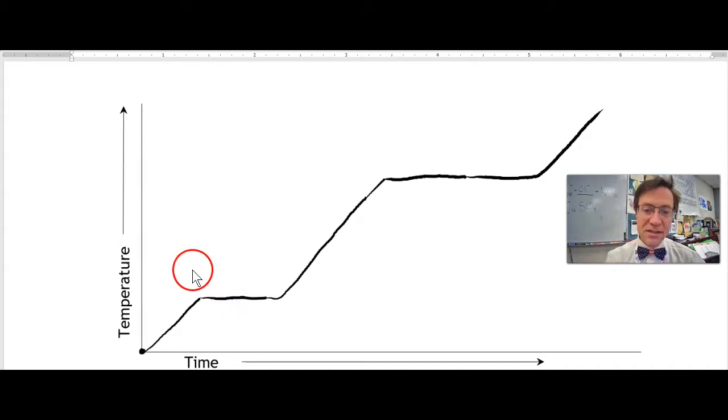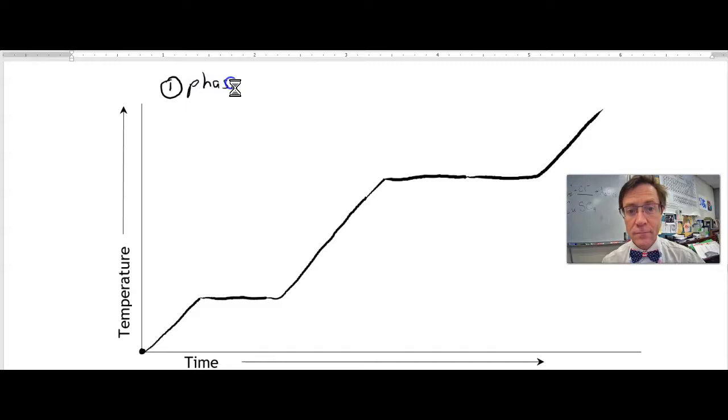And what we need to know about this graph, there are a couple of things. One, we need to know the phases. We need to know the phases of the graph, and we also need to know what's happening with the energies. It's going to be kinetic energy, and it's going to be potential energy. Okay?